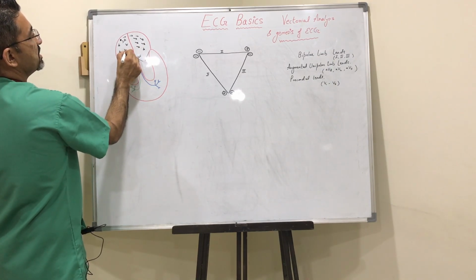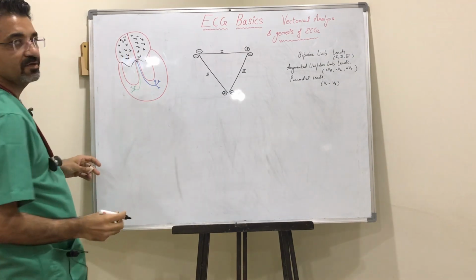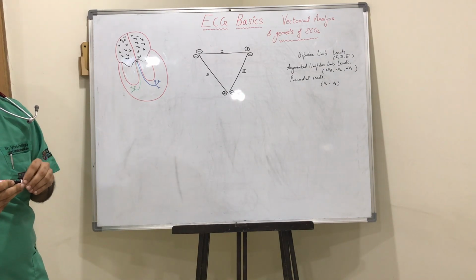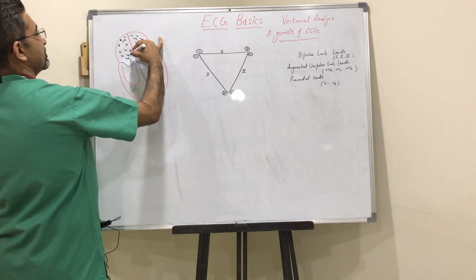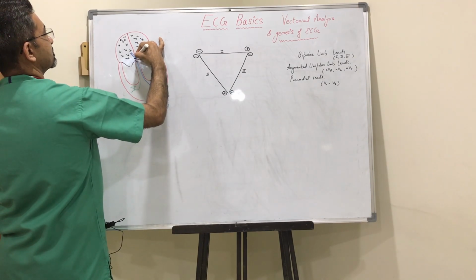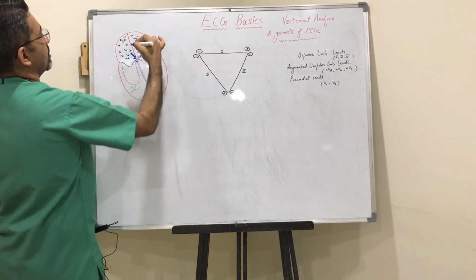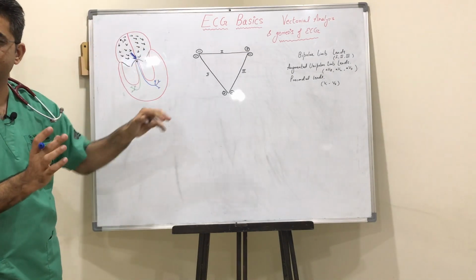When I take the mean of all the vectors of the atria, what I will see is that the mean atrial vector is formed towards the AV node, like this. There are small vectors of thousands of cells.